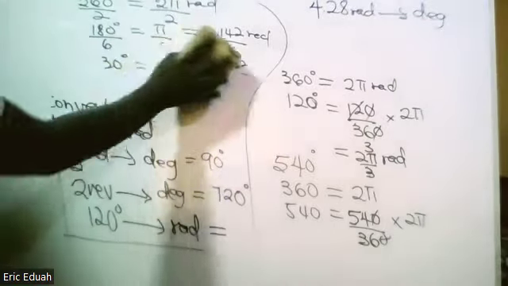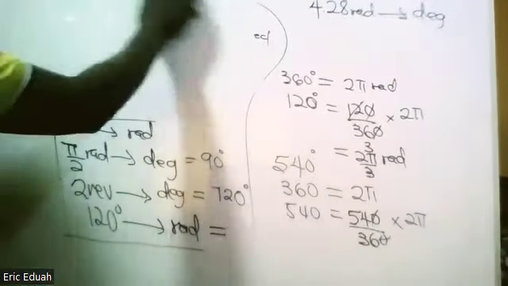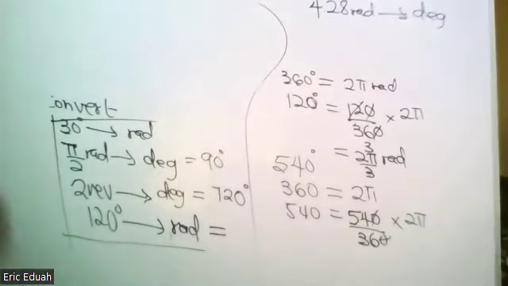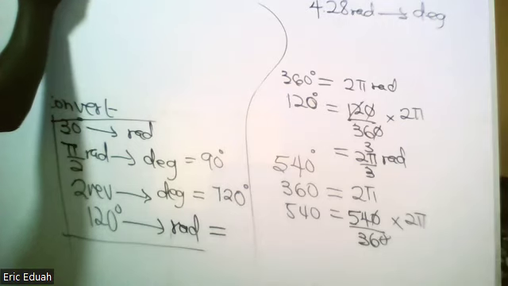Sir, please, from your last formula, you said 360 degrees is also equal to 6.28 radian. So I did, if 360 is equal to 6.28 radian, then, ratio and proportion.